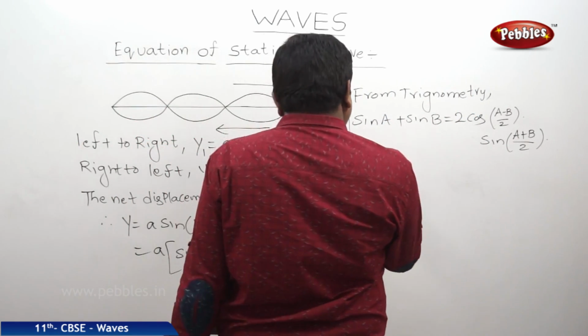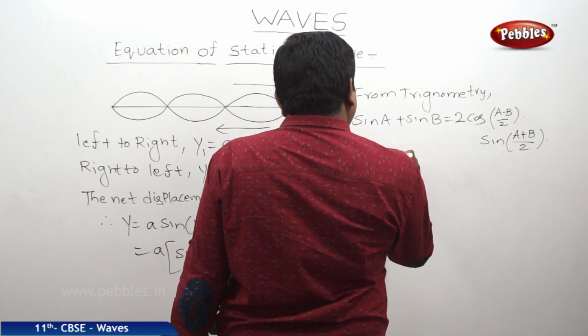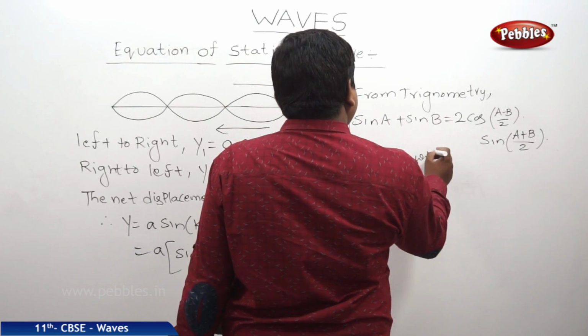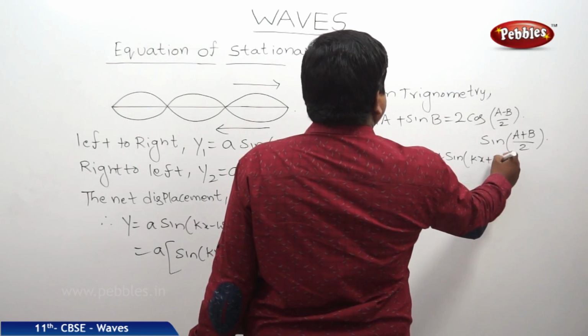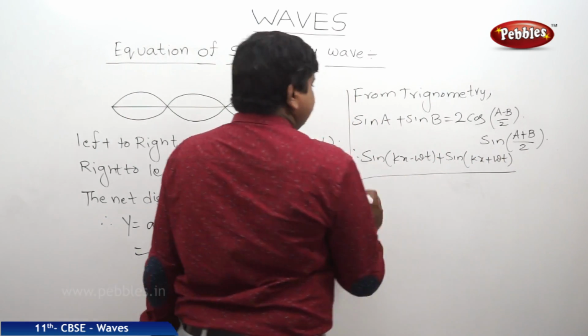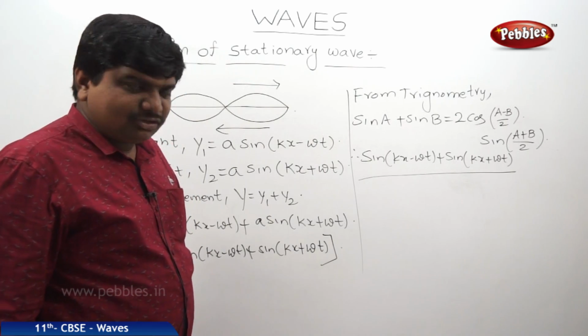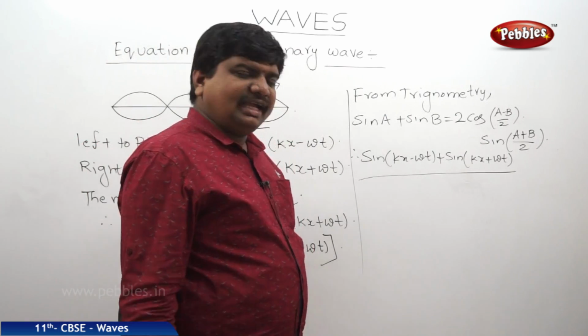Therefore, in place of a, it is kx minus omega t, and in place of b, it is kx plus omega t.